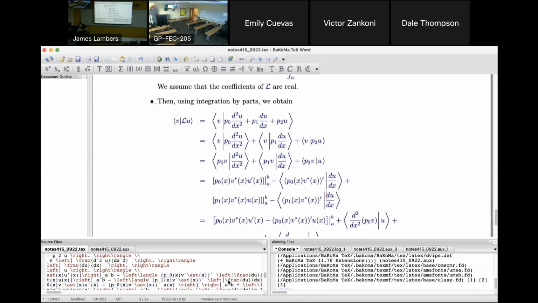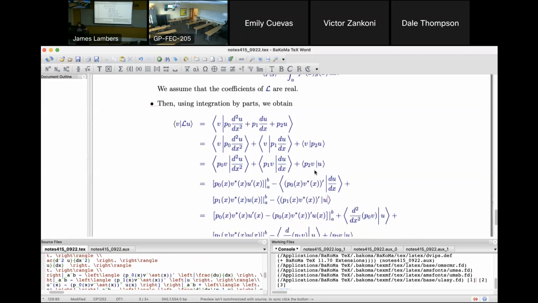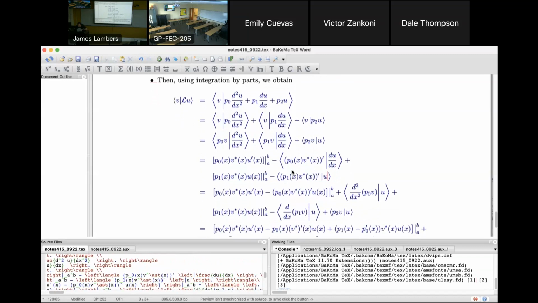And instead of du dx, I'll just have U. I'm going to format this the same way as later lines.